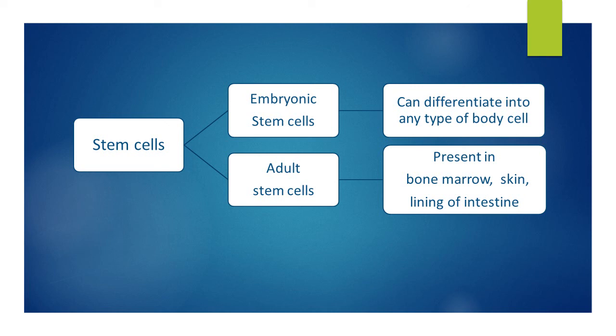They have lost the ability to differentiate into any type of cell but can form a number of specialized tissues. For example, bone marrow cells can divide to produce different types of red and white blood cells.